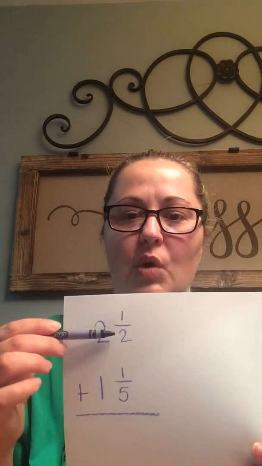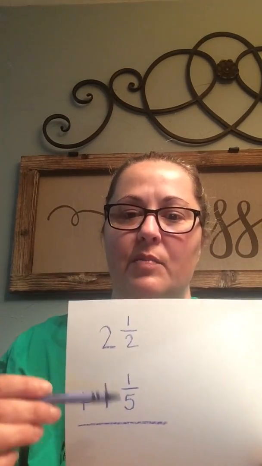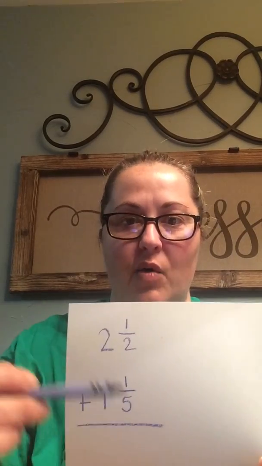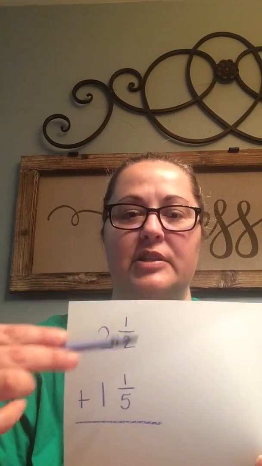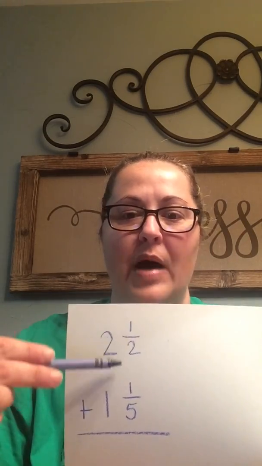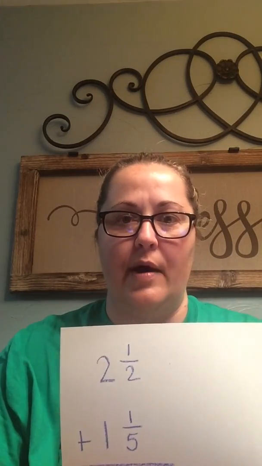Now, when we look at this 2 and this 5, we can do this one of two ways. We can either multiply these denominators together, or we can skip count by 2s and by 5s until we land on the same thing. As small as these are, by multiplying them together we're going to get the same number no matter what.